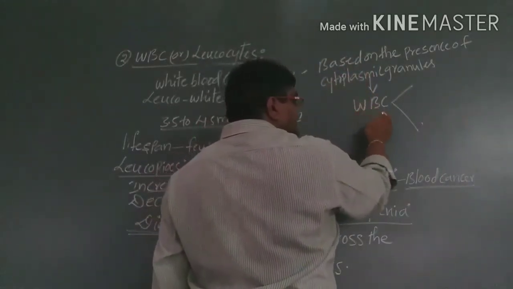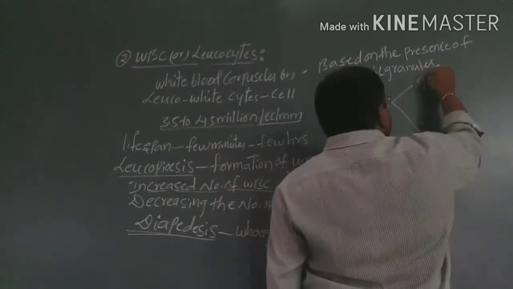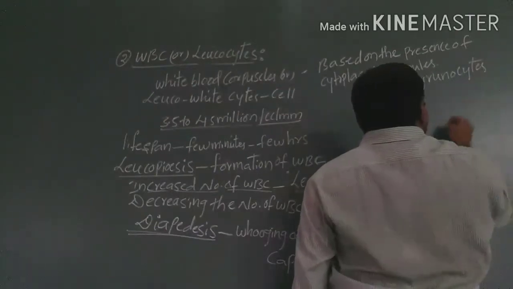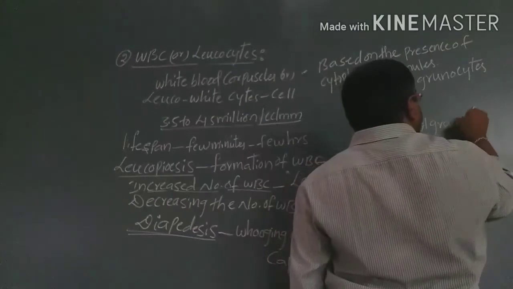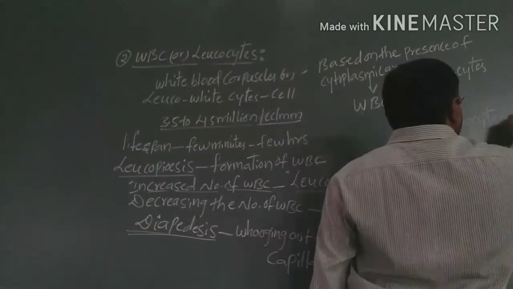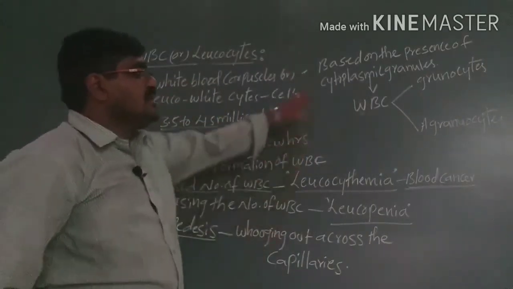The white blood cells, or white blood corpuscles, are classified into two types. One we call granulocytes, and the second one we call agranulocytes. So these are classified based on the presence of the cytoplasmic granules.